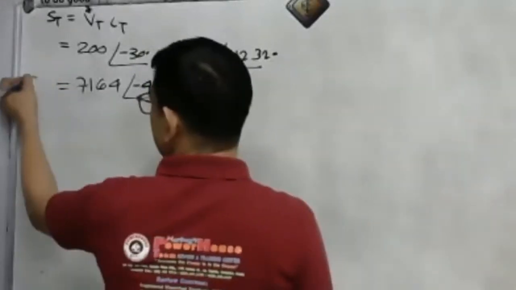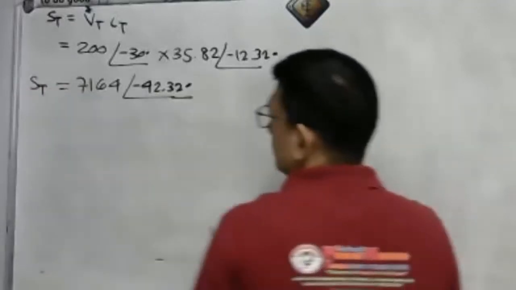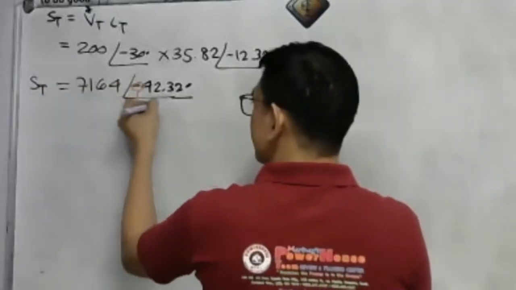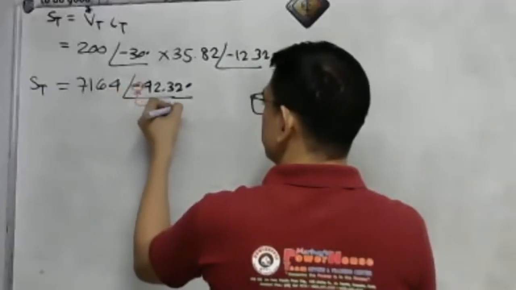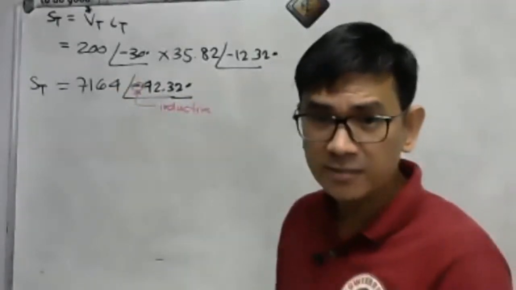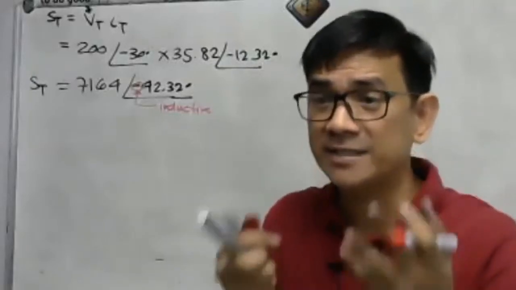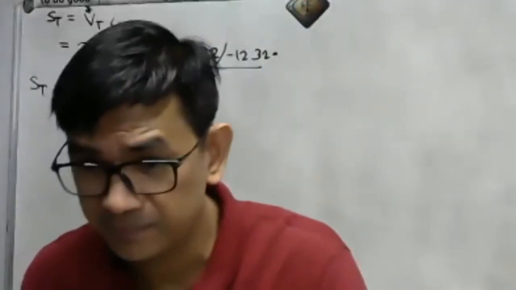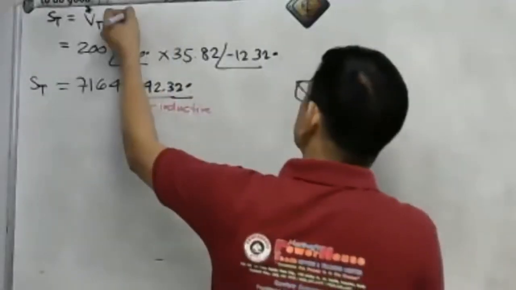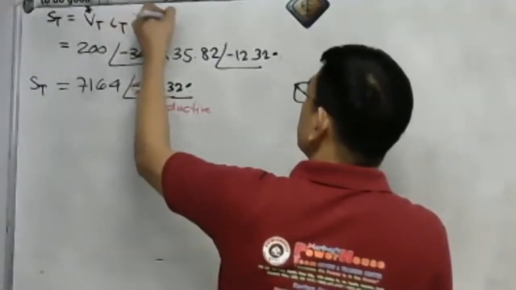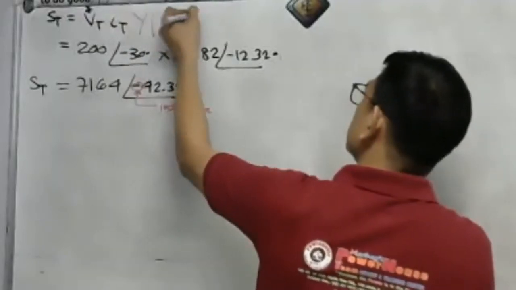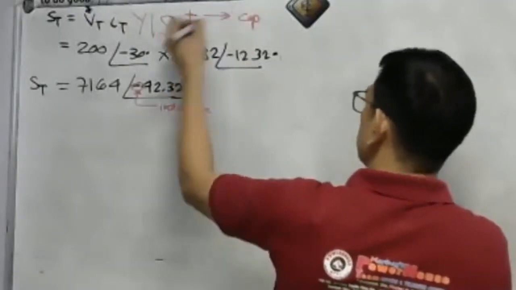Again, since this is our apparent power, if that is negative, that is inductive. Because I taught you before that if that is positive, that is capacitive. In admittance, current, and apparent power, if that is positive, that is capacitive.